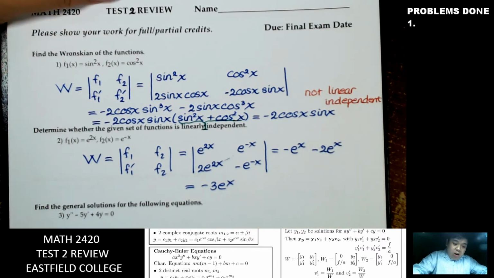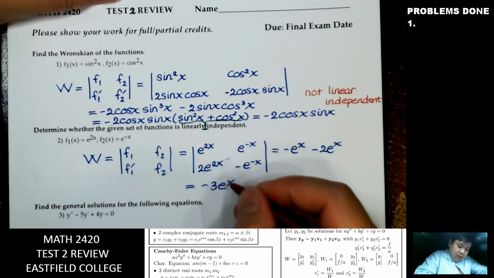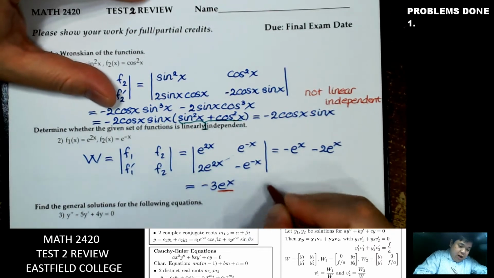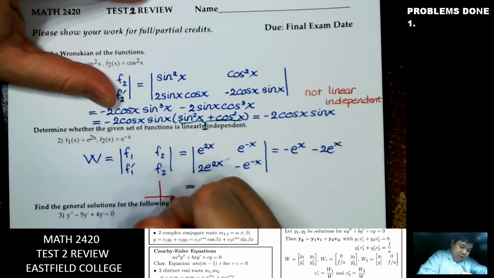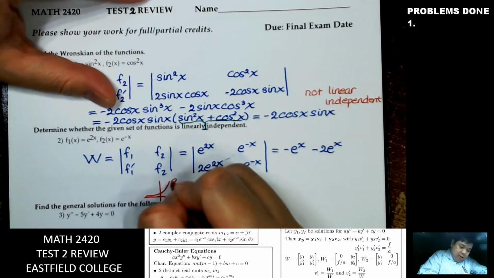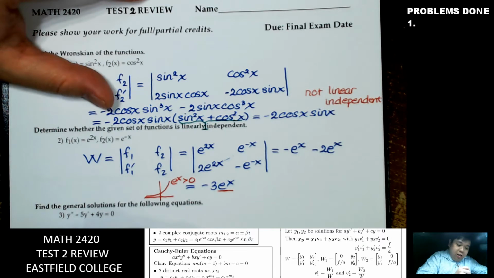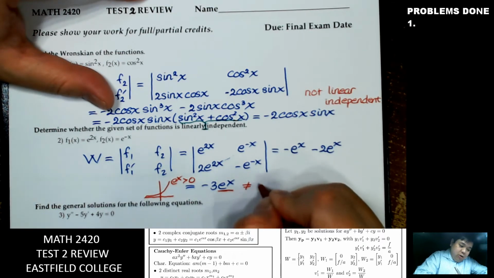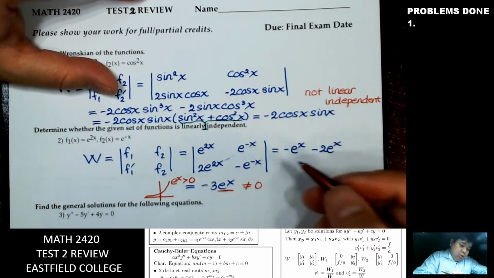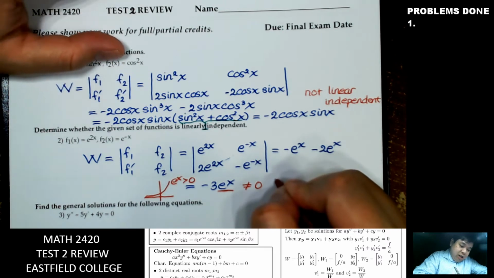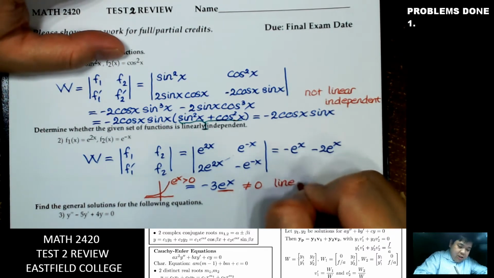And this function e to the x, the graph is like that, which is positive for every x. So this is not equal to 0 for every x, so it is linearly independent.